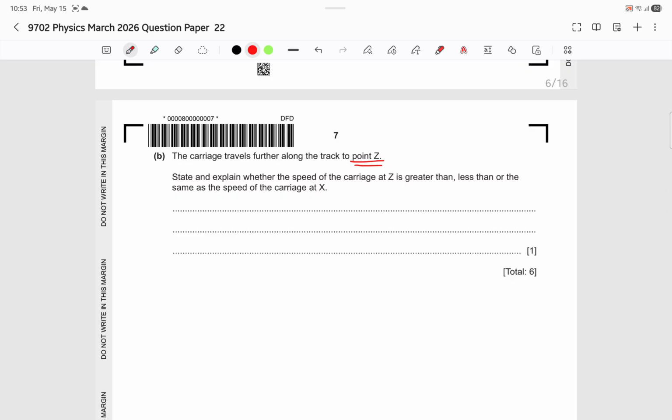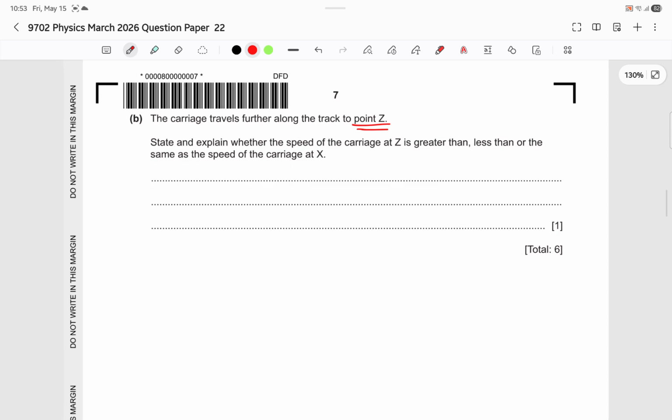So the kinetic energy at Z is lower, and if the kinetic energy is lower, speed is of course lower.